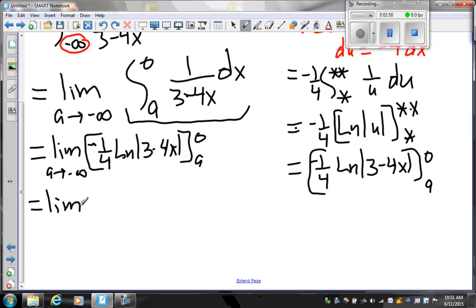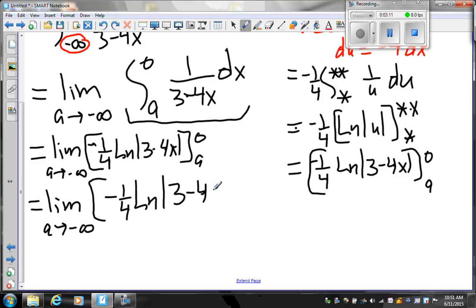The fundamental theorem says once we find that antiderivative, first we plug in the upper limit of integration, which in this case is 0, so negative 1/4 natural log absolute value of 3 minus 4 times 0, minus, then you plug in the lower limit of integration, which for this integral is a.